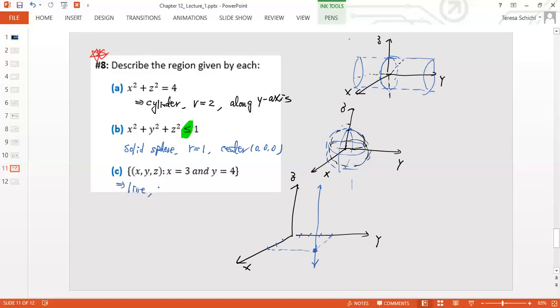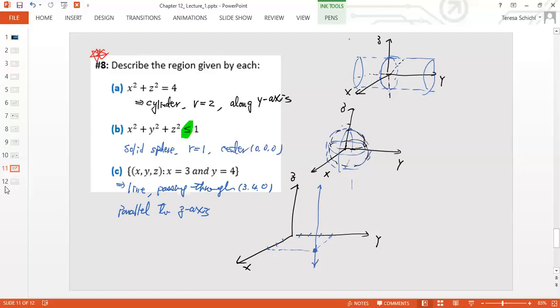This line has to pass through the point 3, 4, 0, because z is equal to 0, right? And this line is going to be parallel to the z-axis. You get that? Okay.